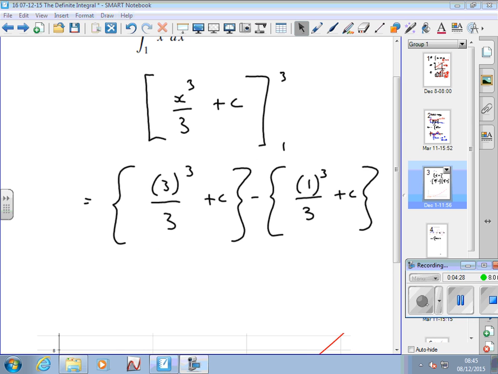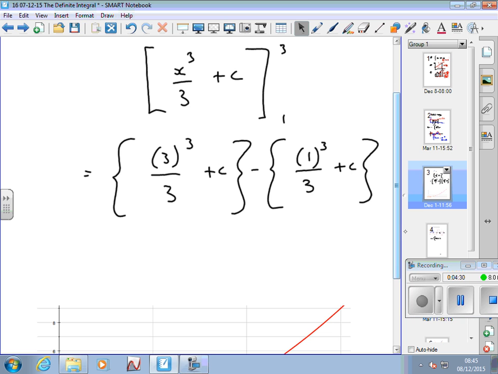So now we can calculate what they are. 3 cubed, well actually, in this particular case, I've got 3 cancelling out one of the 3s here, so it ends up being 3 squared, which is just 9, plus c, minus 1 cubed is 1 divided by 3, so that's a third plus c.